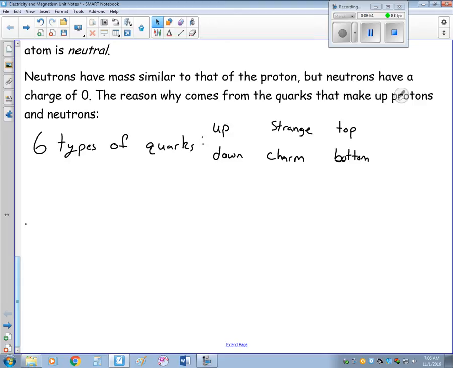Of these quarks, up and down are the important ones.